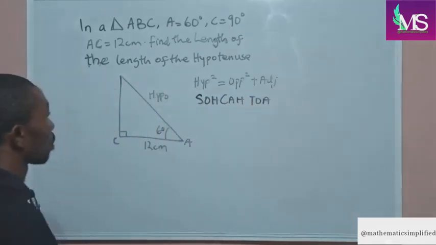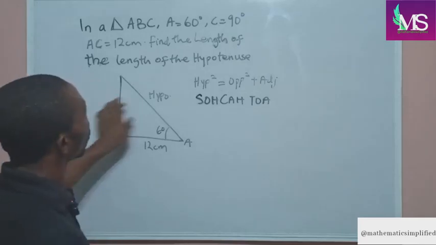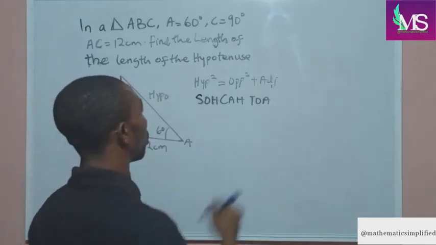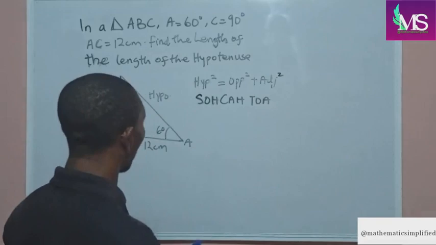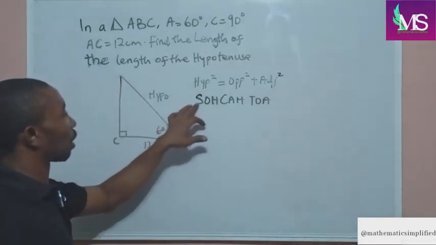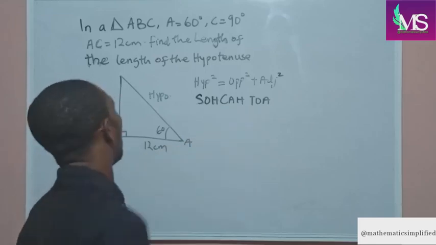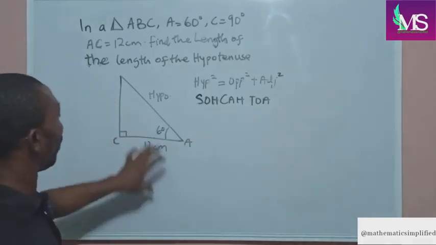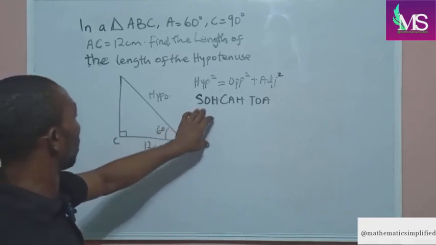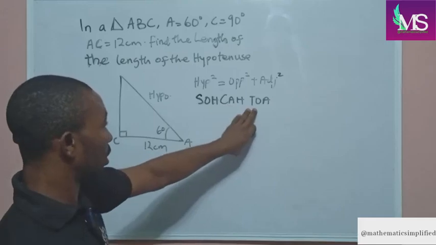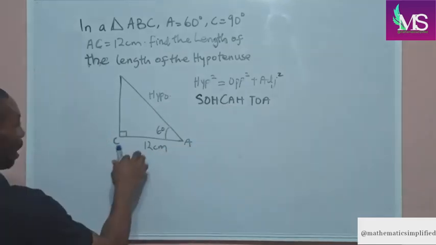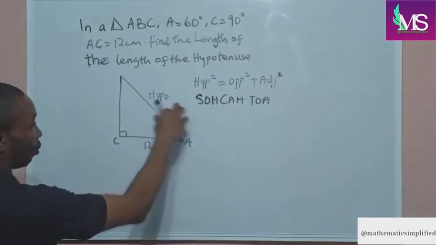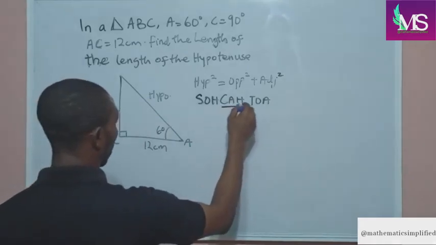Now, since we do not have our opposite, we can't use our Pythagoras theorem. But since we have an angle given, we are going to use our SOHCAHTOA. Now, the next thing we will ask ourselves is, which of them are we using? Are we using the sine, or the cos, or the tan? Alright, since we are looking at adjacent and hypotenuse, we are going to use our cos.